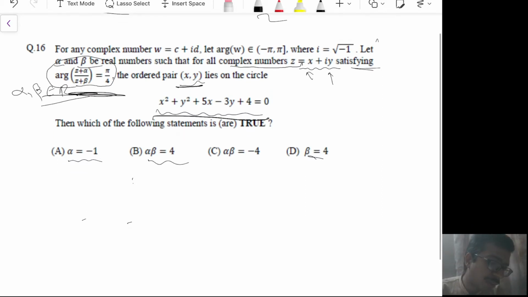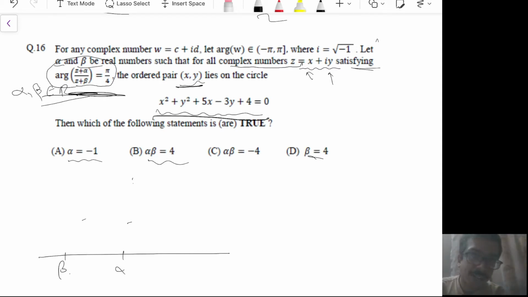The reason is as follows: let's look at the problem geometrically. We know that alpha and beta lie somewhere on my real axis. So this is my real axis and this is my complex Argand plane, and I have this point z.